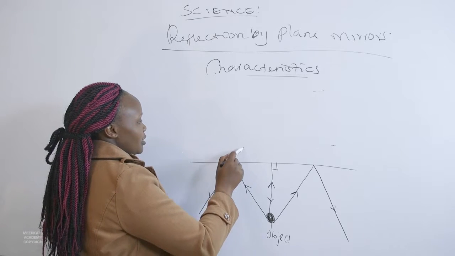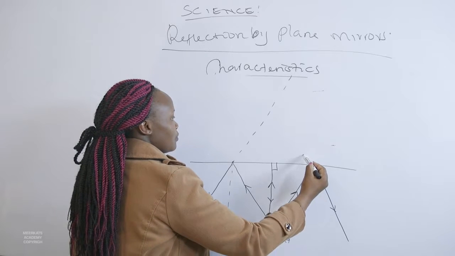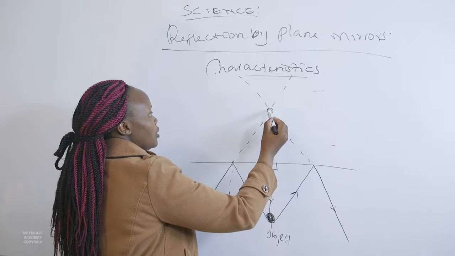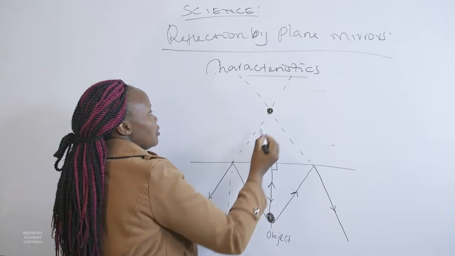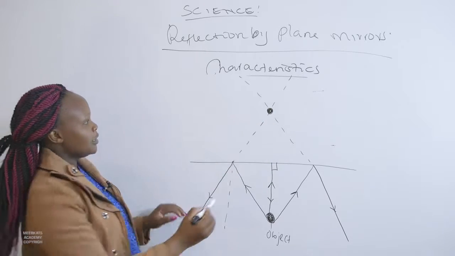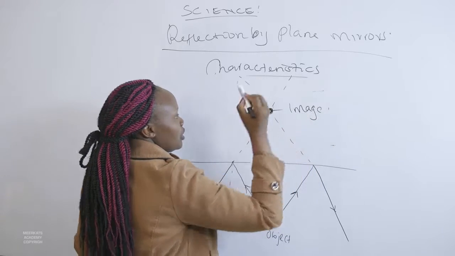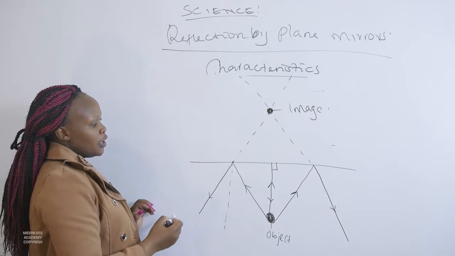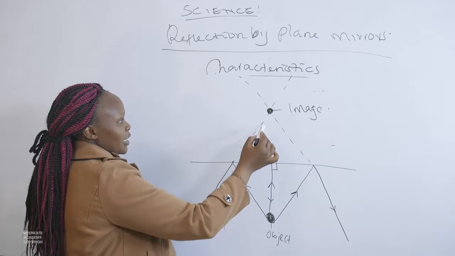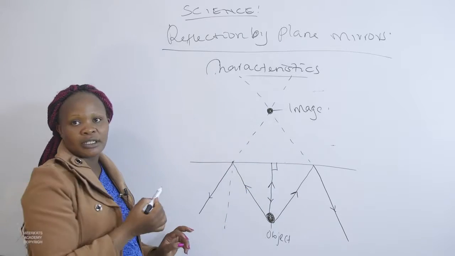Therefore, we extend our rays. Then at the point where these rays intersect, that is where our image is. Now, the distance from the object to the mirror clearly is the same as the distance from the mirror to the image.